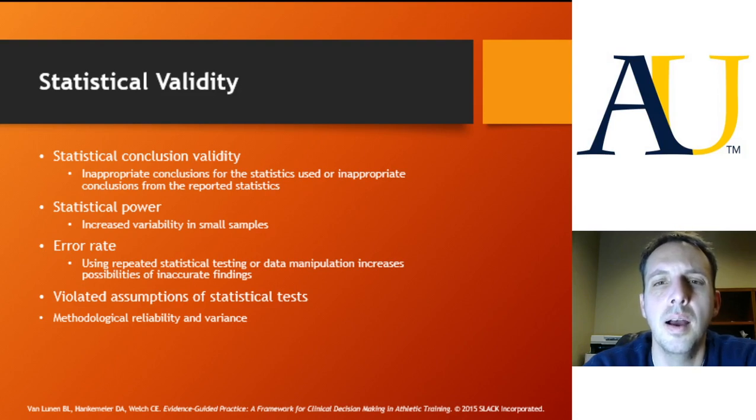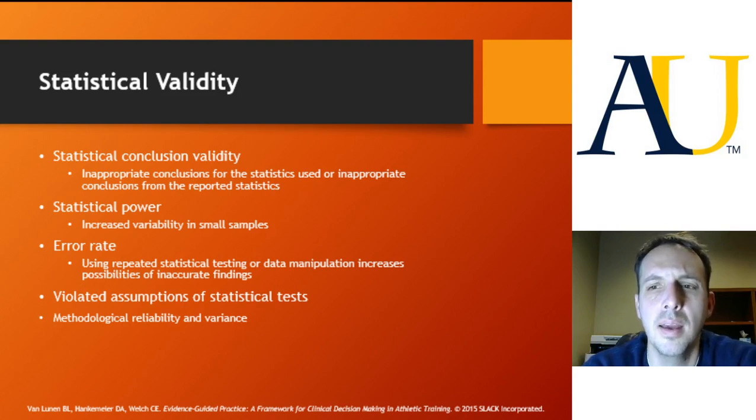When you run repeated t-tests, for example, you increase the probability of an error because you're running so many additional tests that you're more likely to find differences because of the repeated nature of the testing. And then finally, we have the violation of assumptions of statistical tests that we talked about previously, basically where the test is used inappropriately and thereby creates a situation where the value cannot be interpreted.